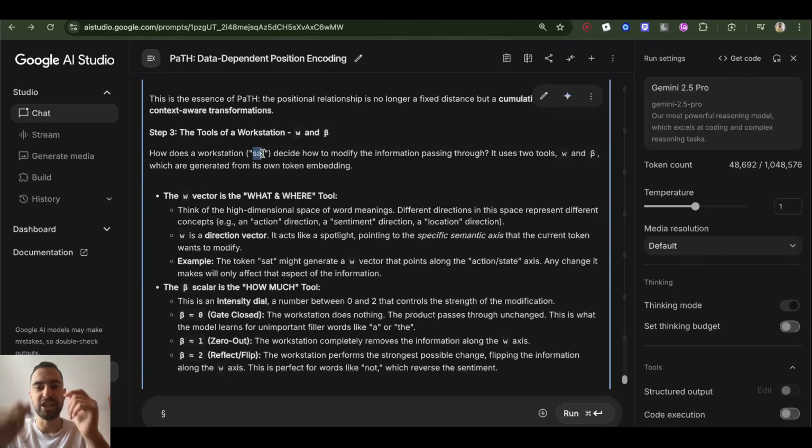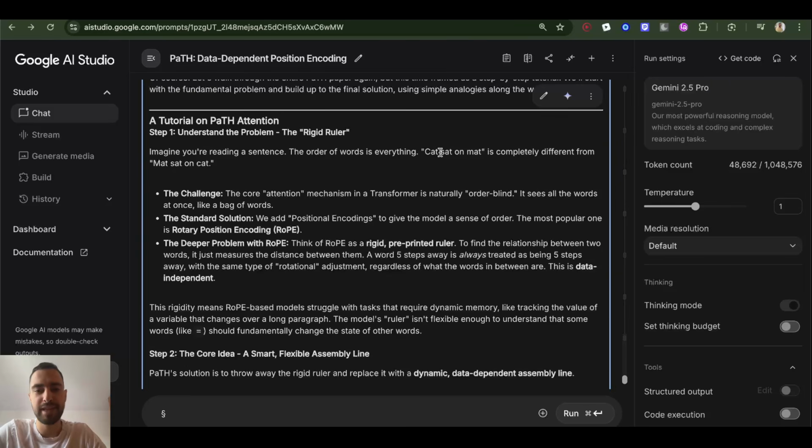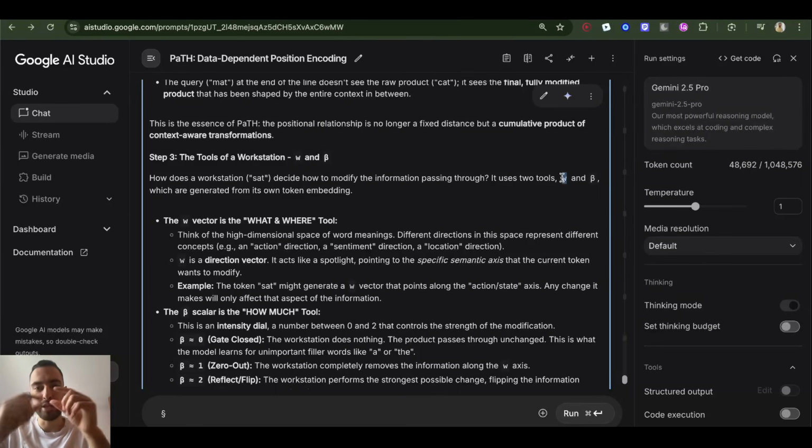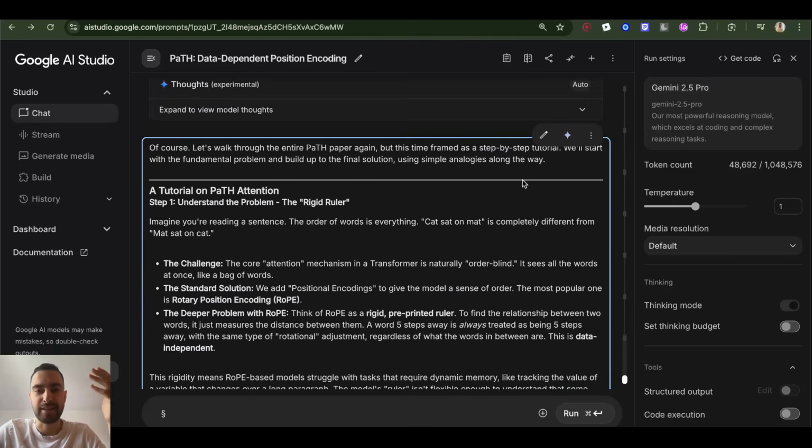We just need the action of sitting to give that information to the cat. So the cat is sitting. We don't need all of the information, just this small bit about sitting. So W is the new vector calculated from the token embedding set that just shows the action of sitting. And beta is how important this action is to our token cat.